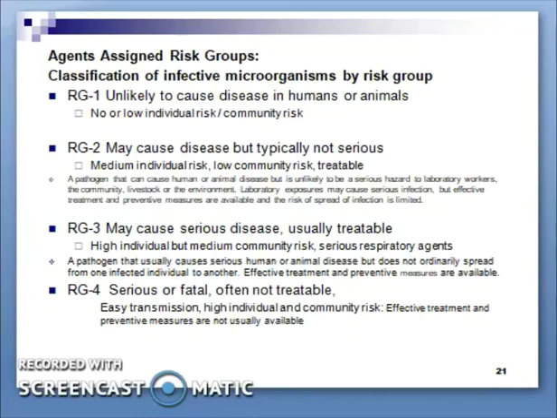Risk group 4 includes pathogenic microorganisms which cause serious or fatal diseases, and those diseases are often not treatable. Transmission of risk group 4 microorganisms is very easy, with high individual and high community risk. Effective treatment and preventive measures are not available for these microorganisms.